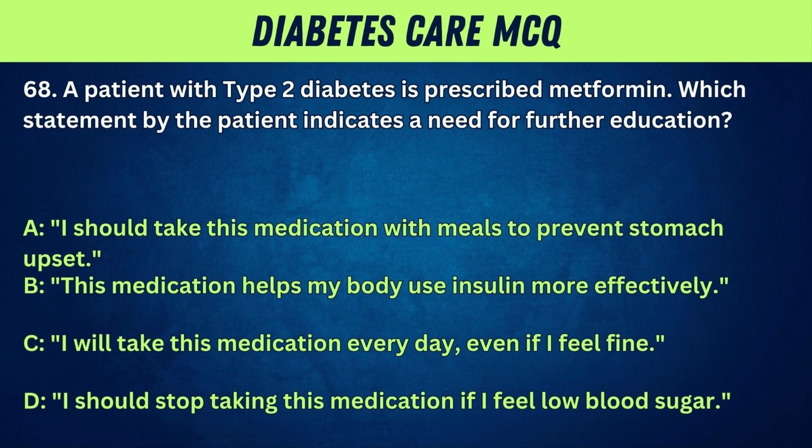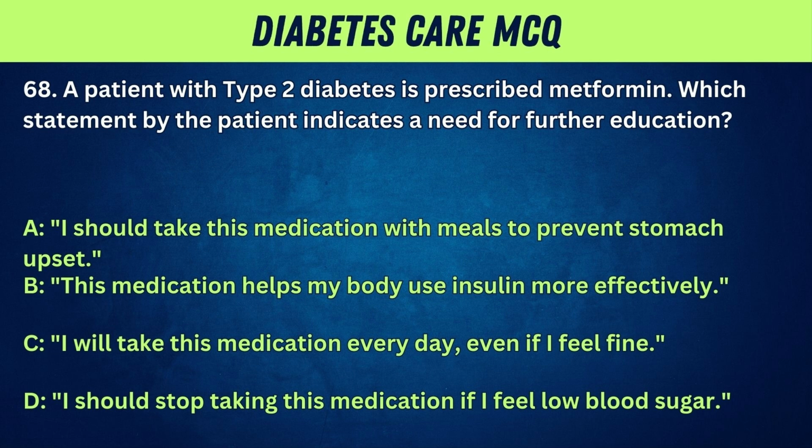68. A patient with type 2 diabetes is prescribed metformin. Which statement by the patient indicates a need for further education? A. I should take this medication with meals to prevent stomach upset. B. This medication helps my body use insulin more effectively. C. I will take this medication every day, even if I feel fine.